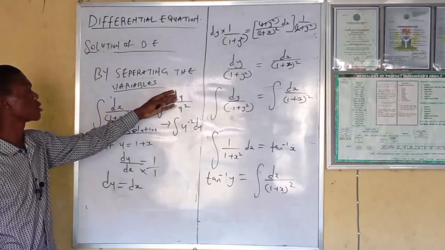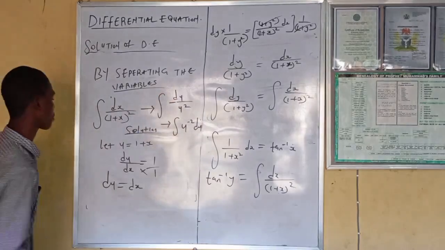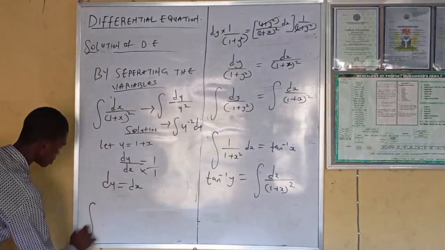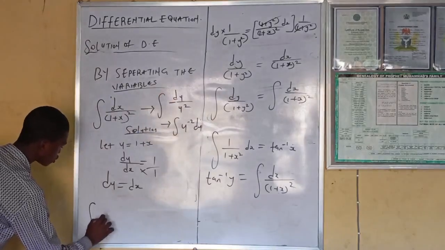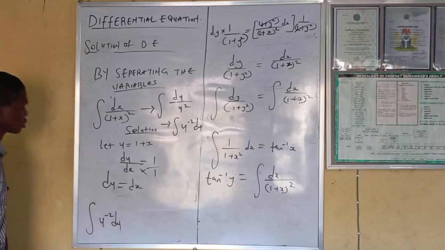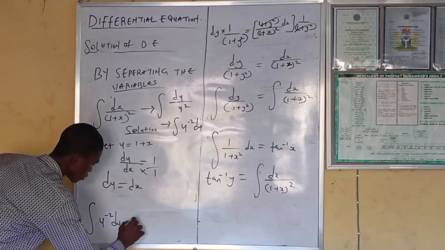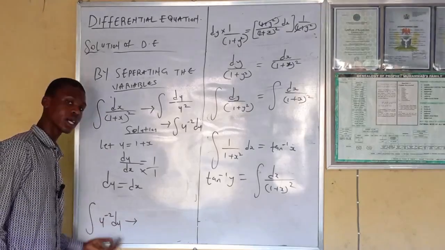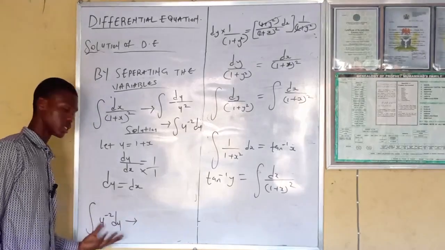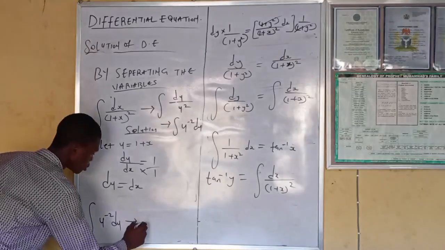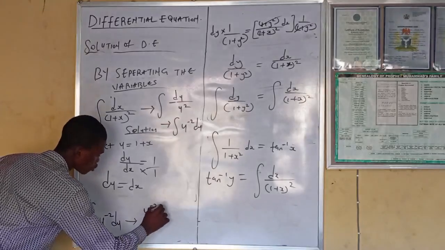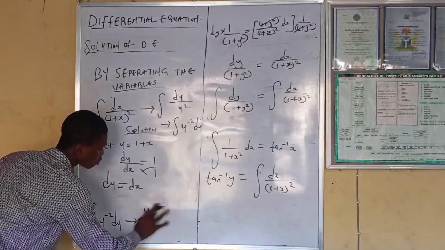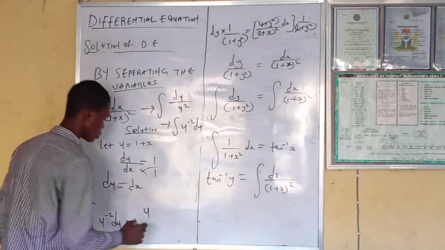From your indices, you have this. So let's integrate that: integral u raised to the power of minus 2 du. From the basic rule of integration, add 1 to the power, then divide by what you've added. Then this is u to the minus 2 plus 1, and minus 2 plus 1 simply means minus 1.